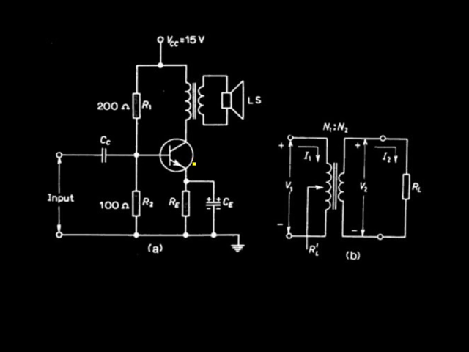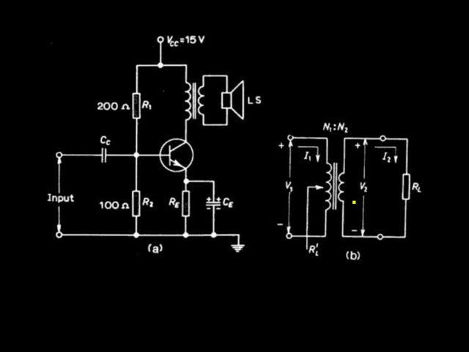If you want to transfer maximum power, then according to the power transfer theorem, you will require impedance matching here. That is, the output impedance should be the same as the impedance of the loudspeaker.